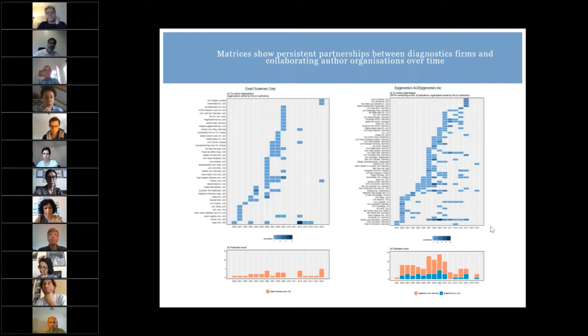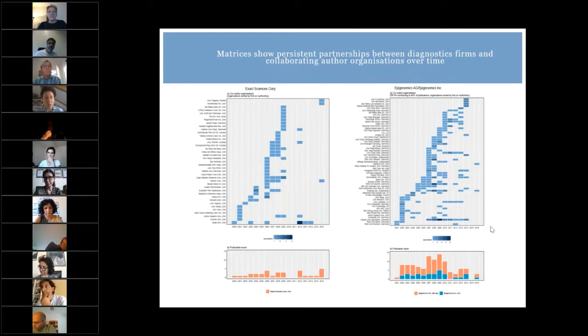If you look on the right side, you can see that there are a number of lines in the data which indicate, horizontally across the chart, repeated collaborations by Epigenomics with the Charité Medical Center in Berlin, also University of Liverpool, and another university in Germany.